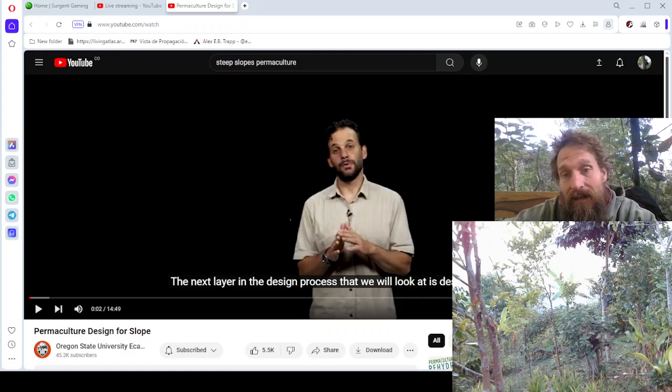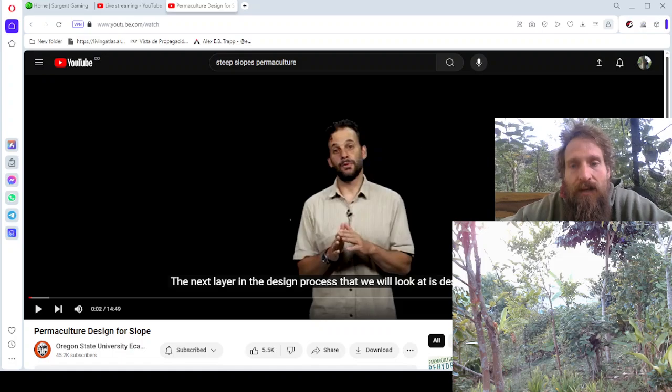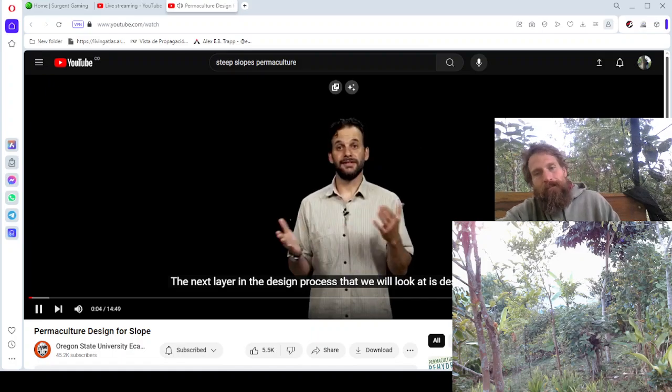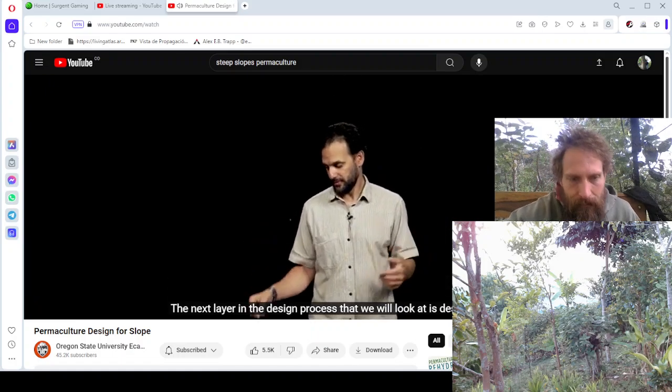I'm imagining Tibet. In fact, Andrew Millison here does such a great job at recognizing the deficit of the permaculture theories behind slopes. And so we're going to try to go through this, and we're going to talk about it as we go on. The realities that we will look at is design for slope.